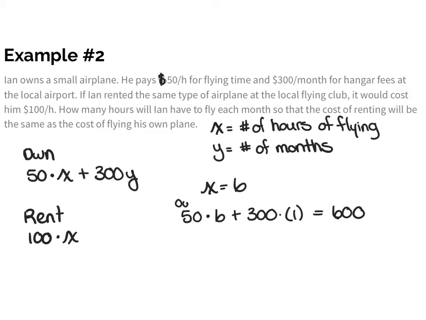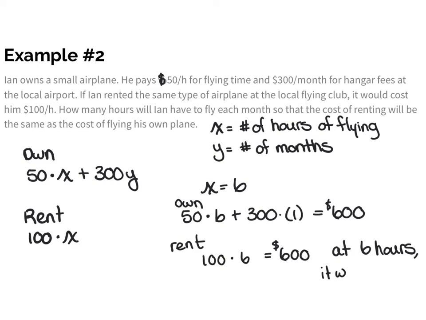So that was the own. And then the rent, 100 times 6 was 600. So at 600, they're the same. At 6 hours, it would cost the same.